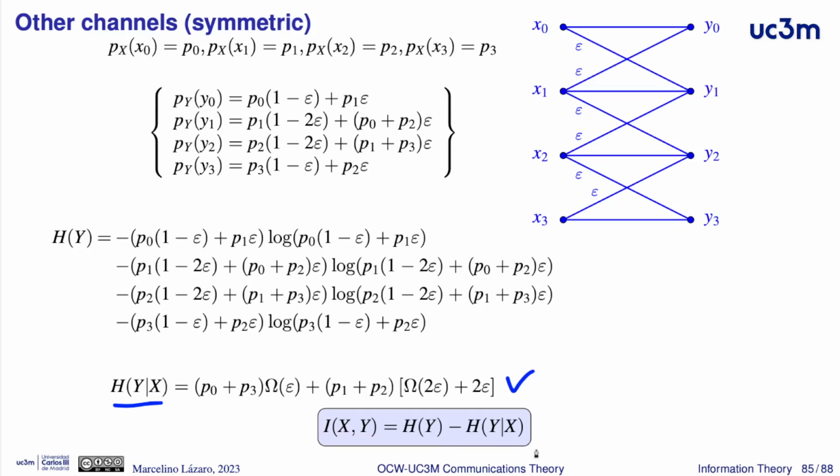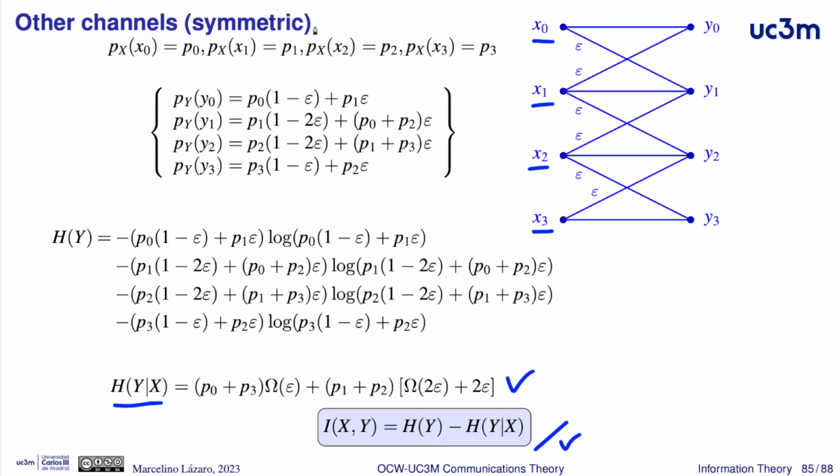Now we have an expression for the mutual information between x and y, but this expression depends on four parameters: the probabilities of x0, x1, x2, and x3. And in general, it can be difficult to find a solution for the maximum of this expression.